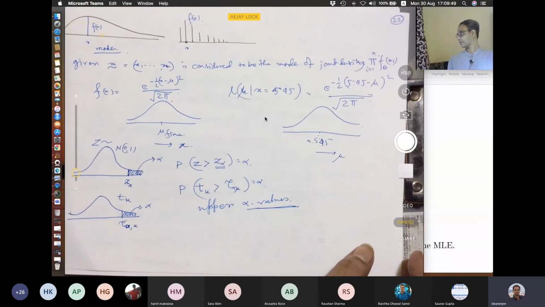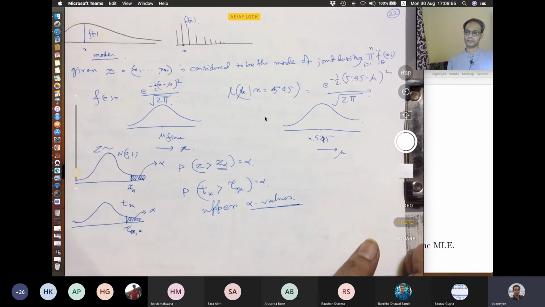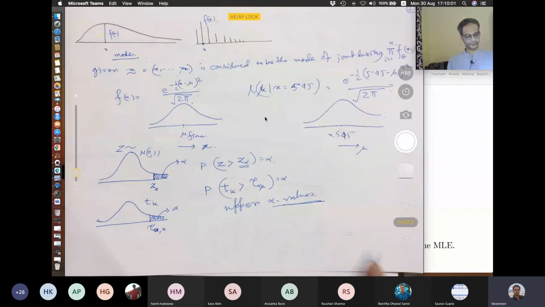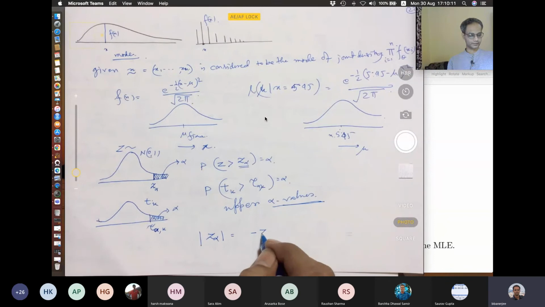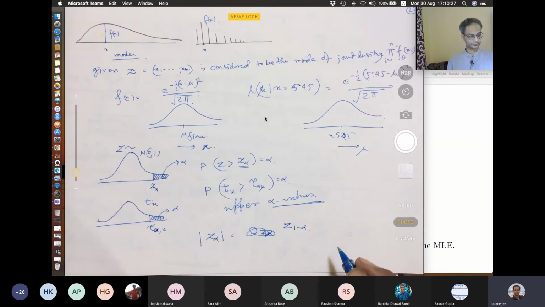But remember that T and normal 0, 1 are symmetric, but the F distribution is not symmetric. So the magnitude of z alpha is the same as z of 1 minus alpha.